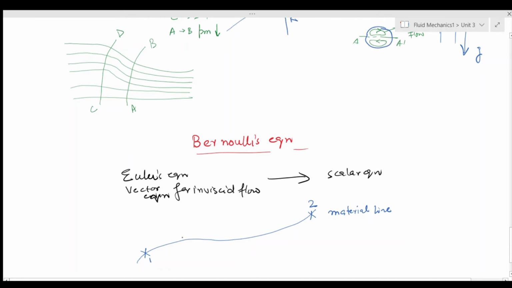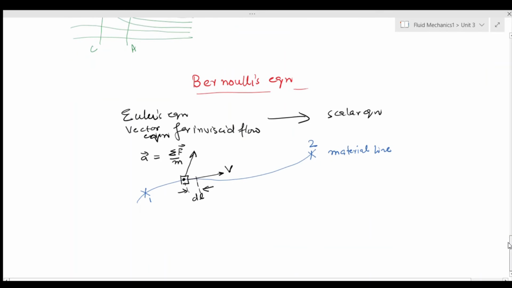At a particular instant, this particle is here, its velocity is V tangent to this line, and let's say along this material line it has moved a distance of dl. Why? Because of forces which are acting on it, and the acceleration would be a, and this acceleration is caused due to the forces acting on it divided by the mass of the particle.